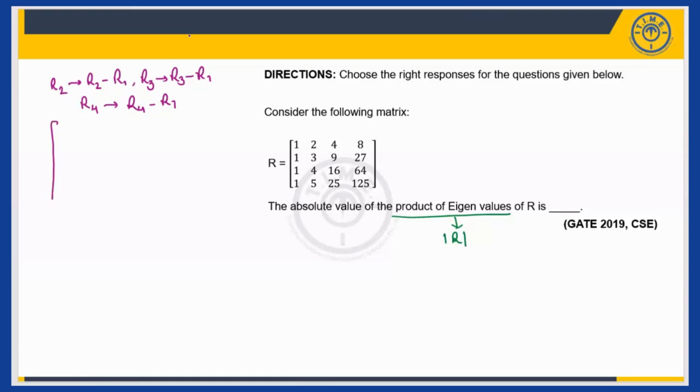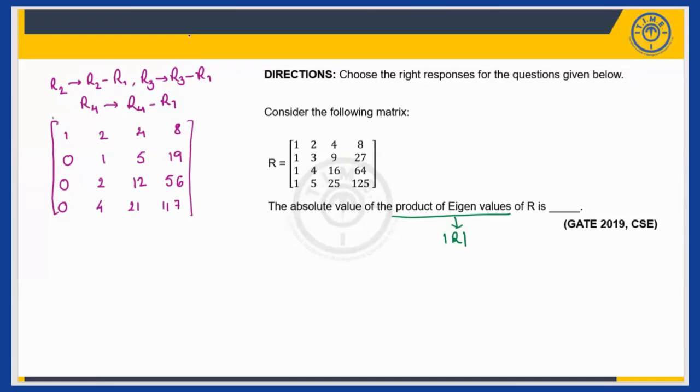So then there is 1, 2, 4, 8, 0, 3 minus 2, 1, 5, 19, 0, 2, 12, 64 minus 8, 56, and 0, 4, 21, and what else? 125 minus 8, 117.